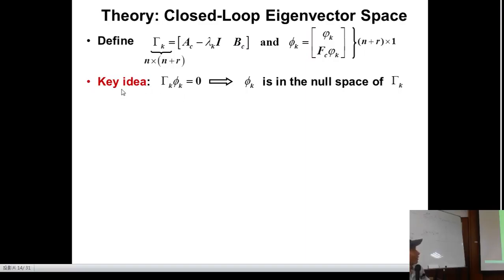Now, key idea. Gamma k times phi k equals 0. So phi k is in the null space of gamma k. Any questions?